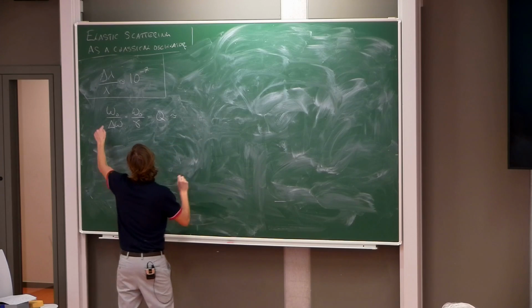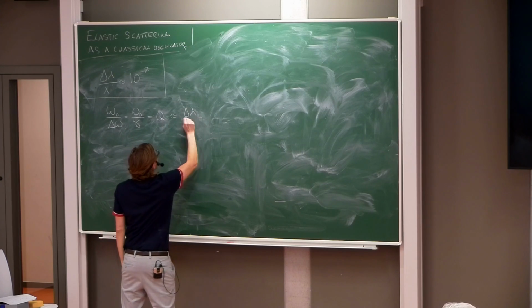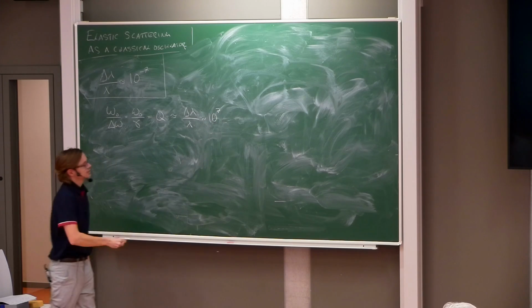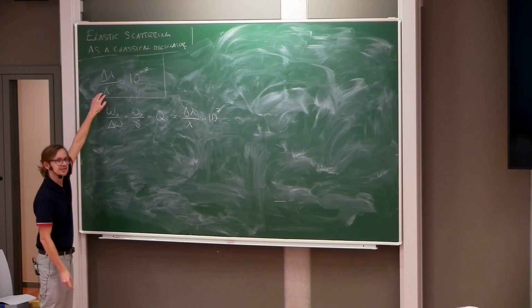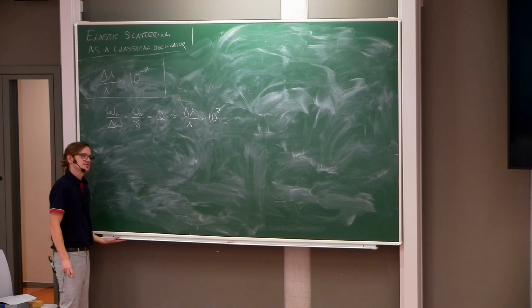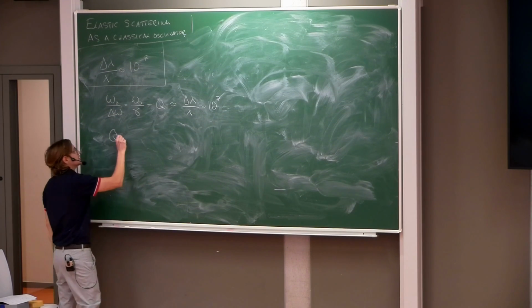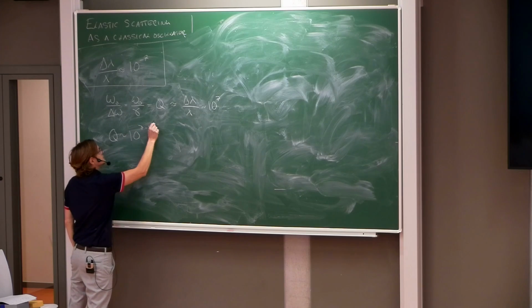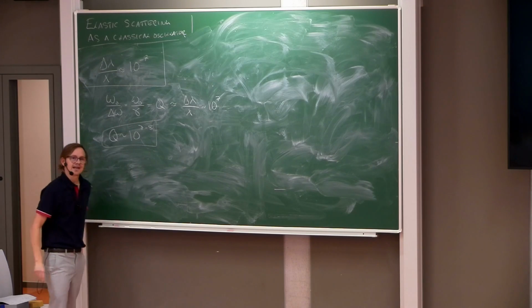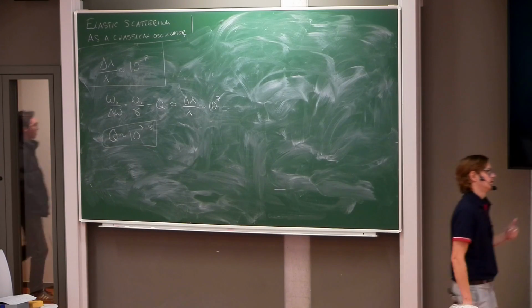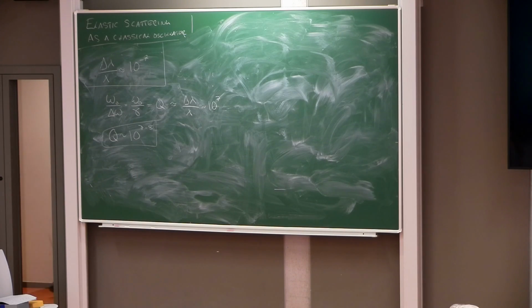Sorry. Because, of course, you have to turn them around when it's lambda. Delta lambda, which is on the order of 10 to the 7 or 10 to the 8, depending on the rest wavelength that we get in there. So, this is to say that the quality of the atomic oscillator is on the order of 10 to the 7, 10 to the 8. And that's an extremely powerful resonance.